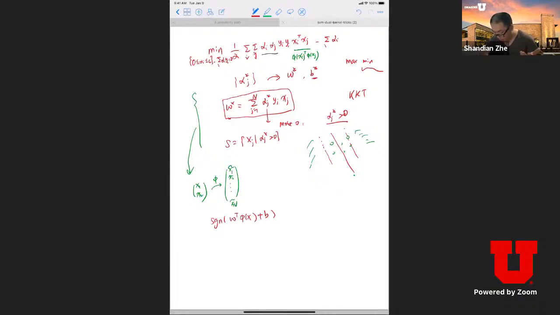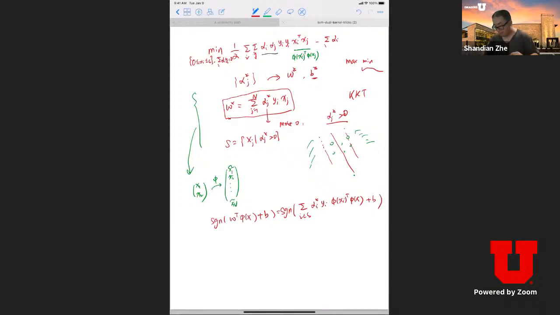So we get that our prediction rule is the sign of a summation going through the support vectors, where W is replaced by this weighted summation. It is just alpha i star and yi, which corresponds to the label of the support vector, and then phi xi transpose phi x, plus b.